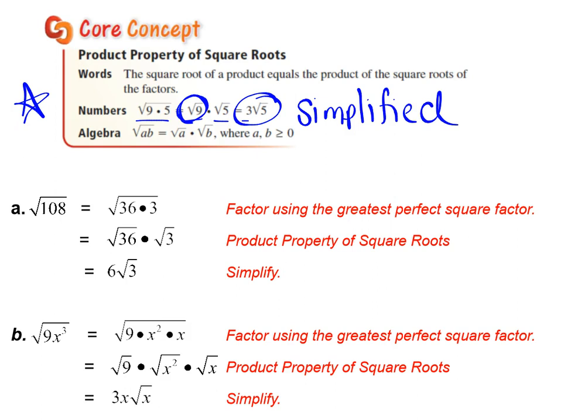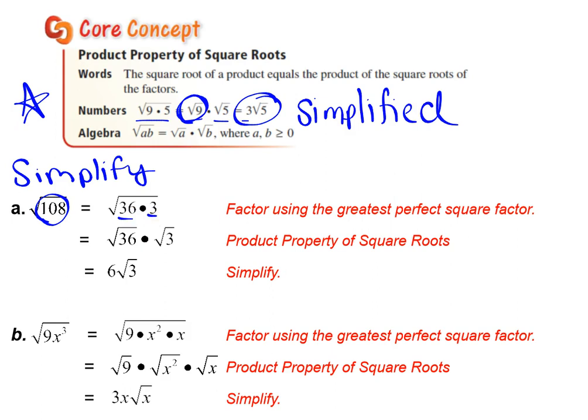Here we're going to simplify the square root of 108. We look at the number under the radical, and 108 has plenty of factors. What we want to know is whether any of those factors are perfect squares. 36 is a factor of 108, and it's a perfect square. 108 is the same as 36 times 3.